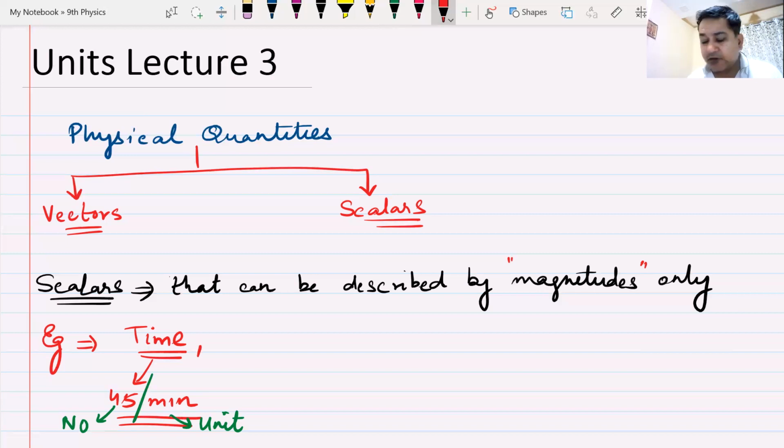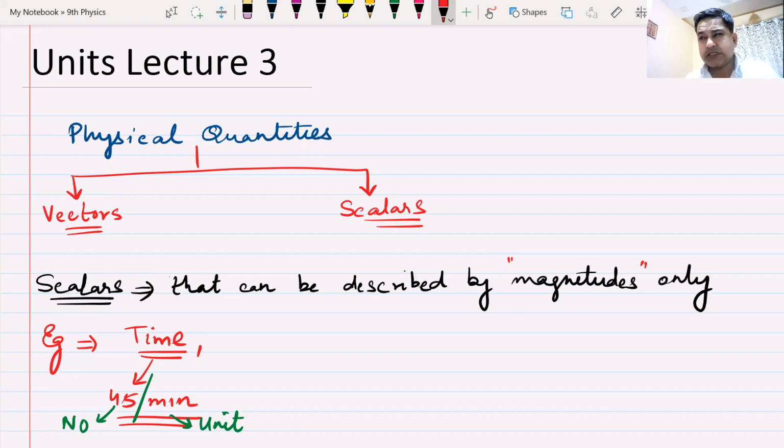Now, can you think of some more quantities that can be described by simply their magnitudes? Tell me. Any quantity that you can think of? Age, maybe?